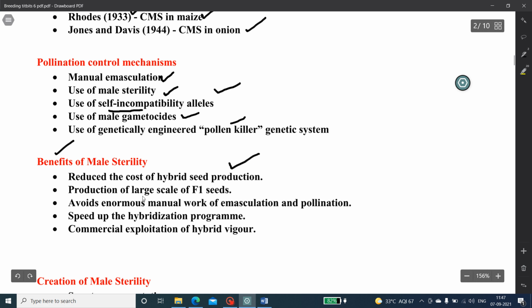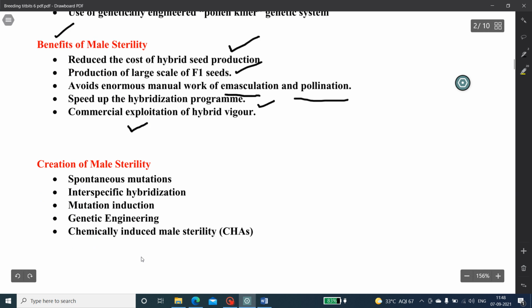There is a possibility of large scale production of F1 hybrid seeds, and as I told, it avoids the enormous manual work of emasculation and pollination, especially in cotton. It will speed up the hybridization program, and there is commercial exploitation of hybrid vigor due to male sterility in various crops like rice, maize, sorghum, bajra and red gram as well.